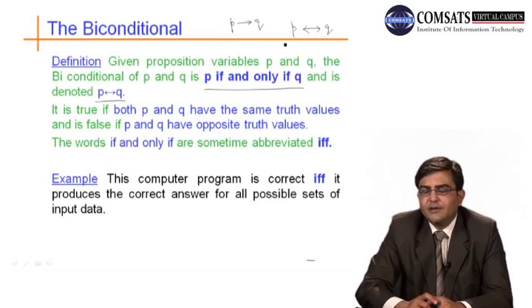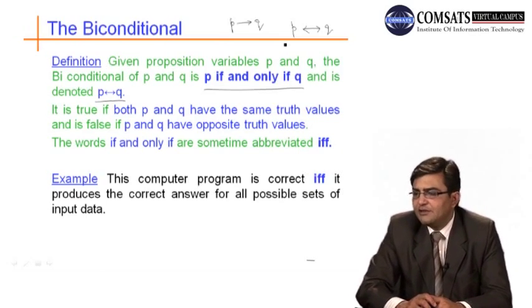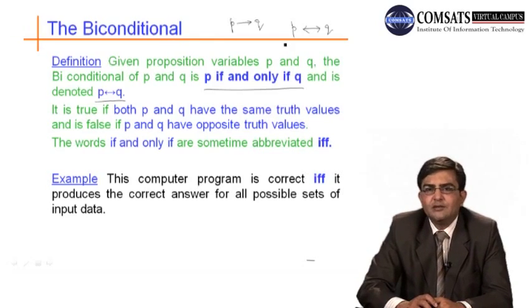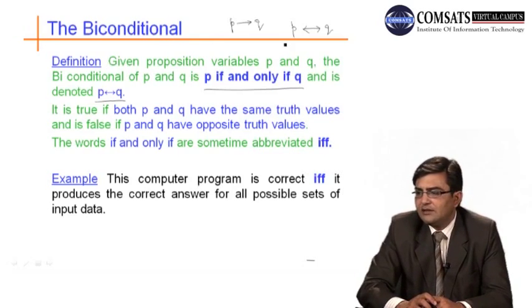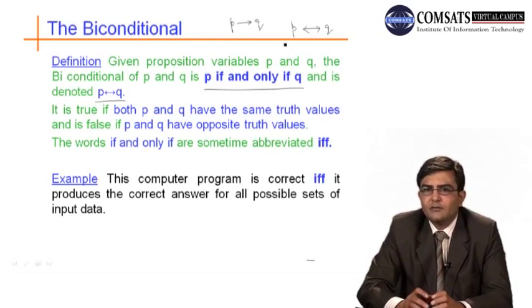This biconditional statement, or biconditional proposition, is true when both P and Q have the same truth values. That is, if P is true and Q is true, then the biconditional of P and Q is true.